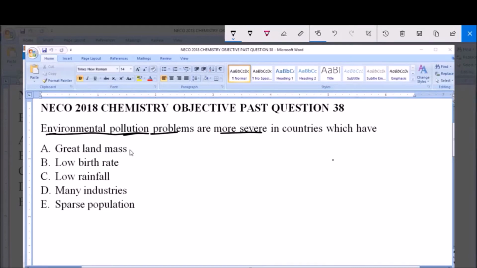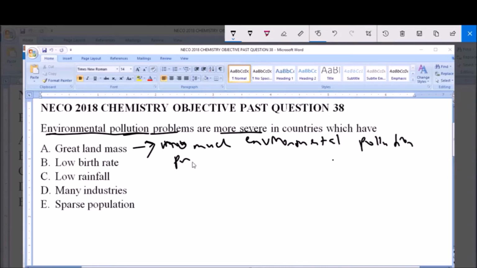Now A says great landmass. Now statistically, countries with great landmass do not have much environmental pollution problems. Now this is owing to the fact that the great landmass means that land can be allocated far away from residential areas for industrial purposes.